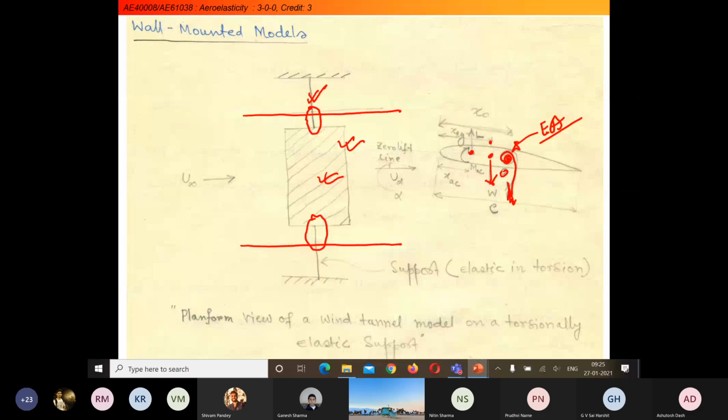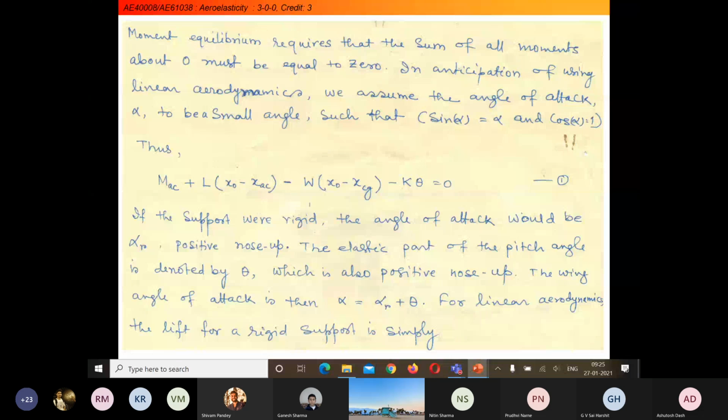In anticipation of linear aerodynamics, we assume that the angle of attack alpha is a small angle, such that sin alpha can be approximated as alpha and cos alpha can be approximated as 1. Now, the aerodynamic moment MAC is the moment about the aerodynamic center.